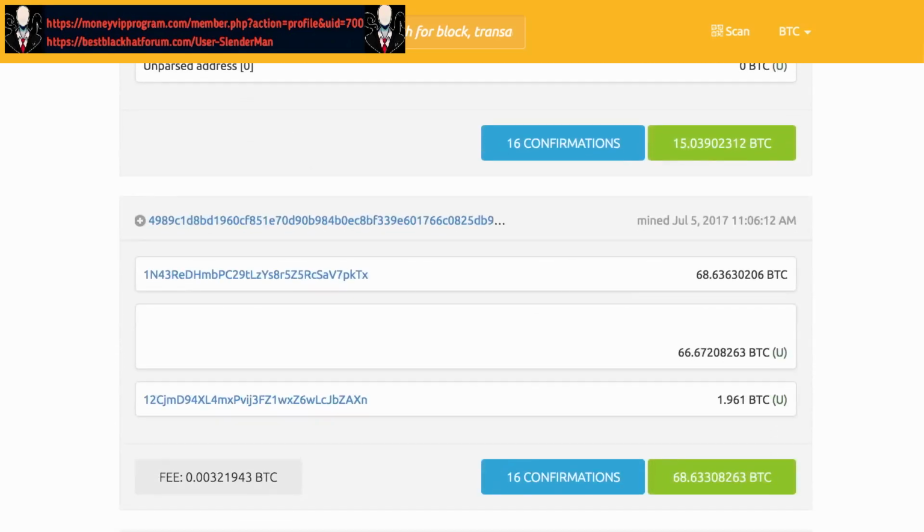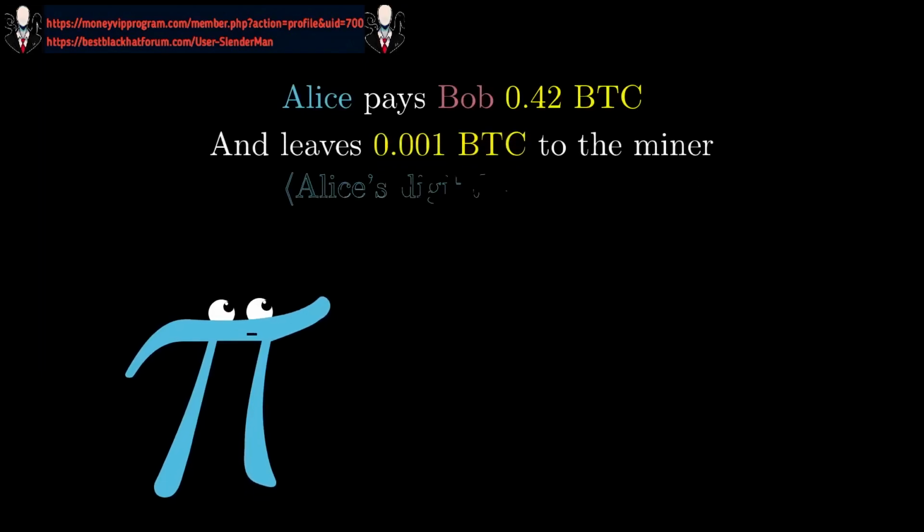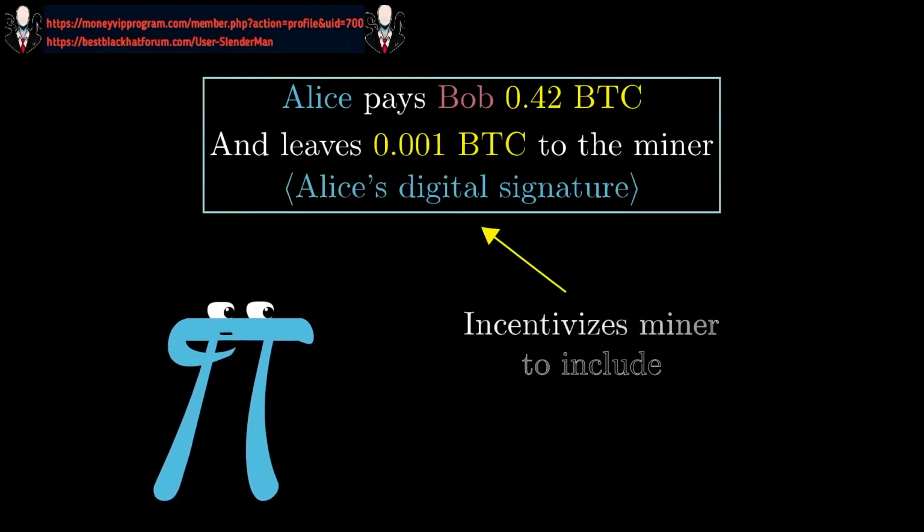In addition to the block reward, miners can also pick up transaction fees. The way this works is that whenever you make a payment, you can purely optionally include a little transaction fee with it that's going to go to the miner of whichever block includes that payment. The reason you might do that is to incentivize miners to actually include the transaction that you broadcast into the next block.